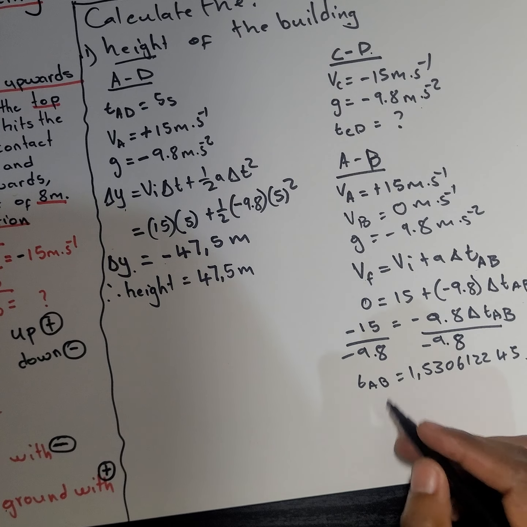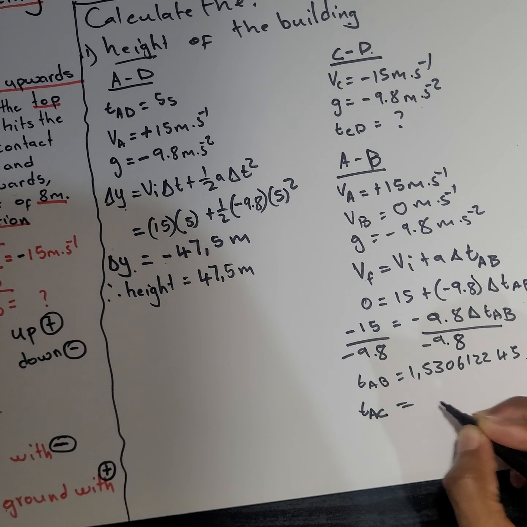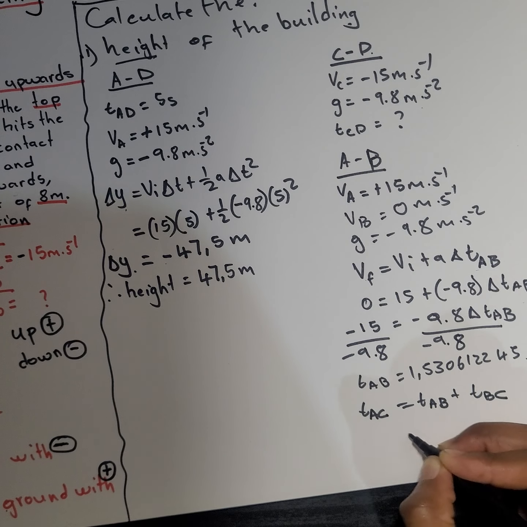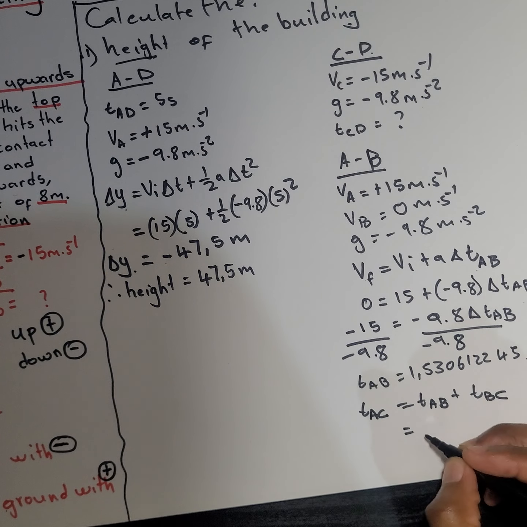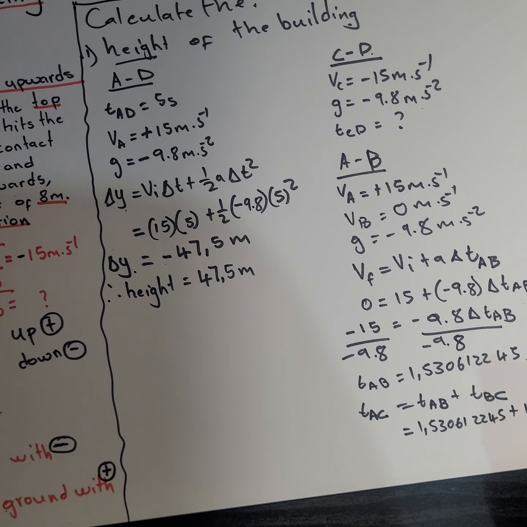So now, the time from A to C will be equal to the time from A to B plus the time from B to C. And then it's just 1.530612245 plus 1.530612245.